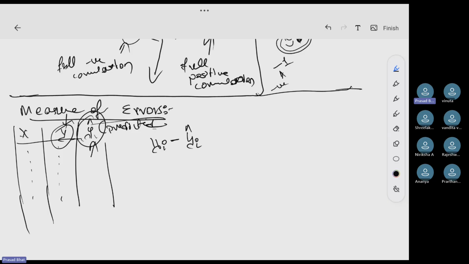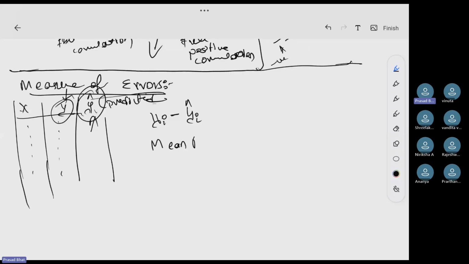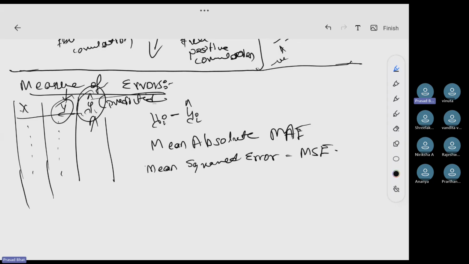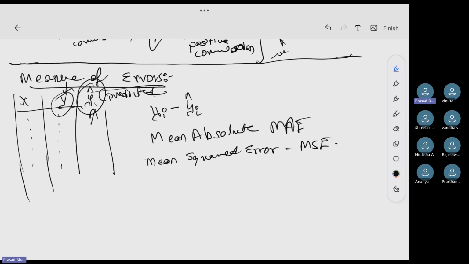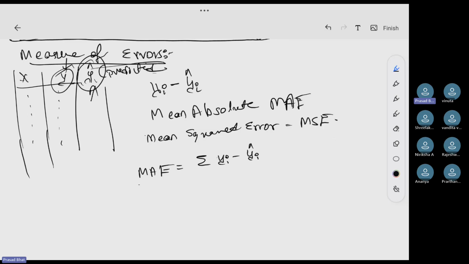Now, the total error is calculated something like this. There are two measures: mean absolute error, called MAE, and mean squared error, called MSE. Very straightforward. MAE is given by the formula: sigma, we have to sum up all the errors, so yi minus yi cap. The only thing that we need to do with MAE, absolute errors, is take the absolute value of this.